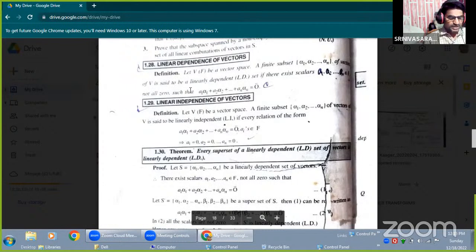The determinant of the solutions is required for the existence of a unique solution. When the determinant of the solutions, the Wronskian W of y1, y2, and so on, yn of x, is not equal to zero, that is called linear independence.